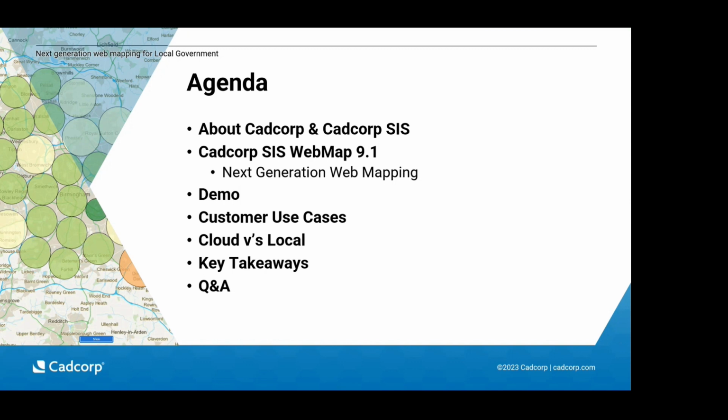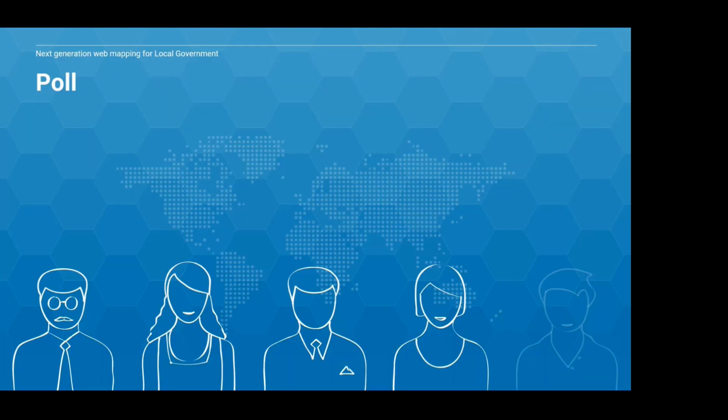But just before we get started, for those of you who have joined us before, we like to run a poll and find out a bit about you guys that are on the line today and your organisation. So I'm just going to launch a poll which asks you, does your organisation use web mapping currently? Yes, no, unsure. Please check the boxes there and hit submit, and I'll talk about the results in a second. We've got two polls, so I'll give you a few seconds to fill in that one.